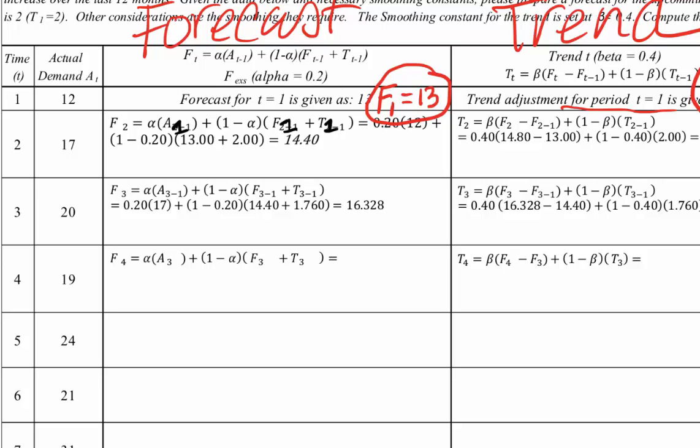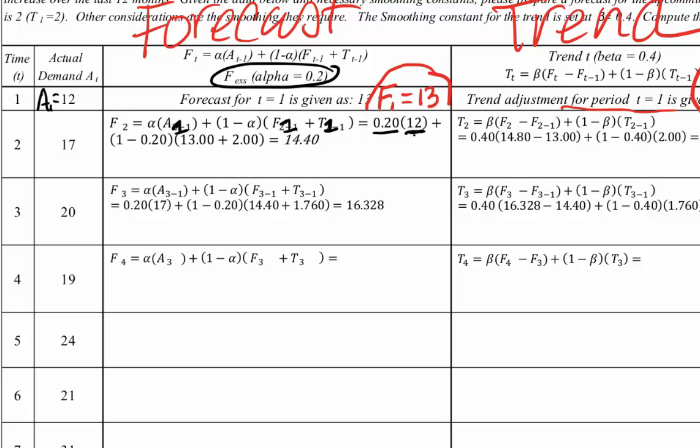So now we can go ahead and plug in our values. We have 0.2, that's the alpha, right there, times 12. So 12 is located here, that's A of 1. That's where we got that from. Plus 1 minus alpha, and then we have 13 plus 2.